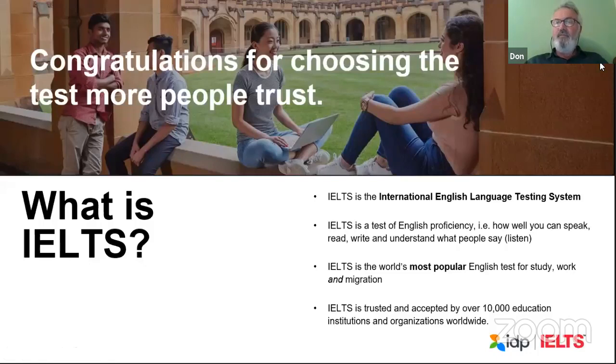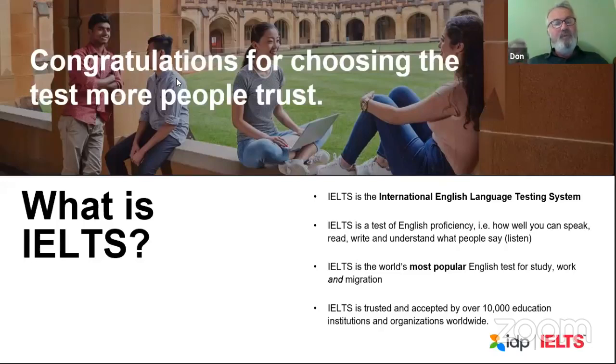And that is important because if you get an IELTS score, you know that anyone, anywhere will understand what that means. It's a test of your English level, your proficiency. It's not really a test of how much knowledge you have of other things. It's a language test.